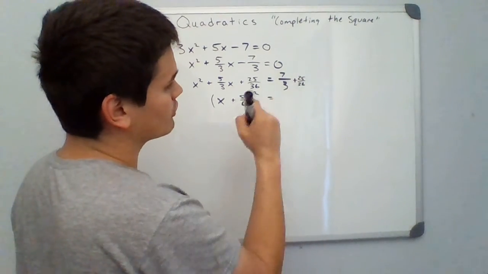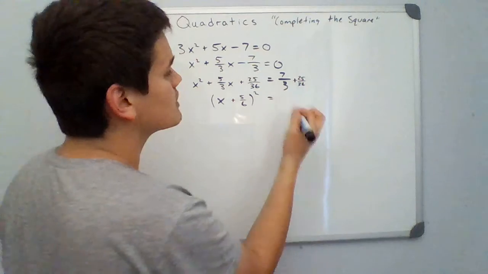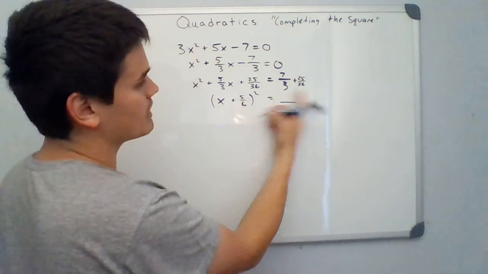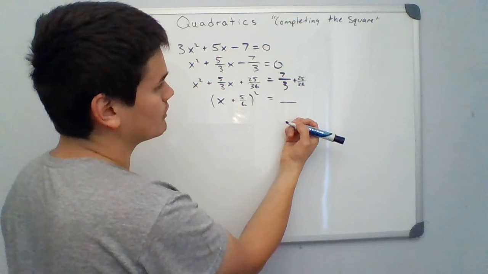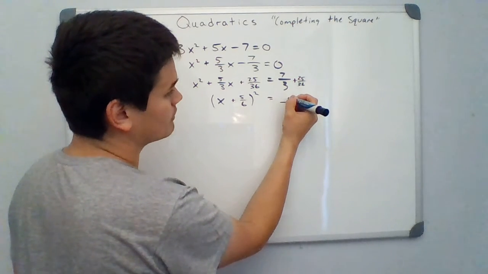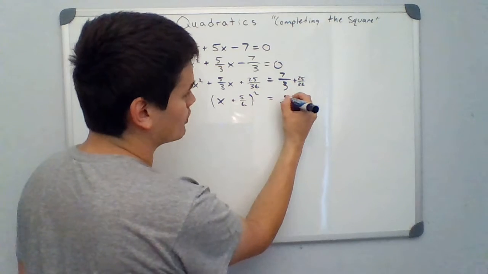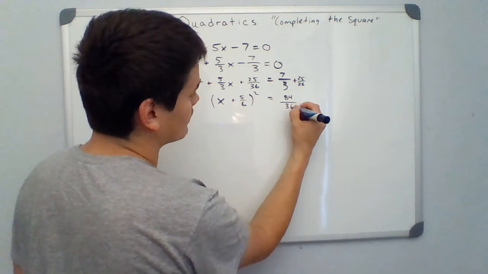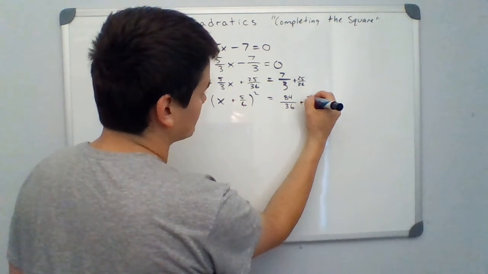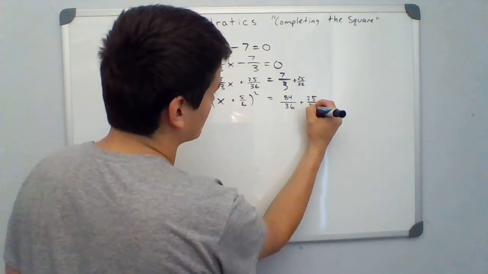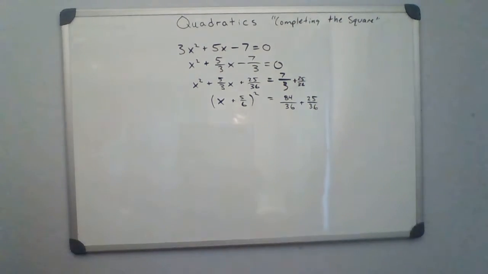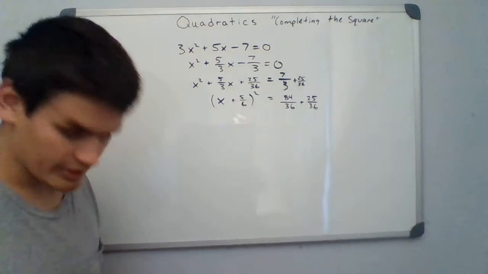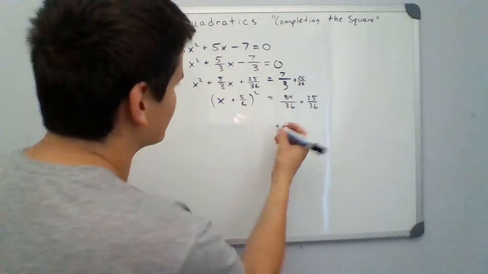So for 7/3, if I want to put that into that form, I'm going to have to multiply 3 by 12, and so I'll have to multiply 7 by 12, which is going to be 84 divided by 36, plus 25 divided by 36. Hopefully I don't make this floor start to squeak.